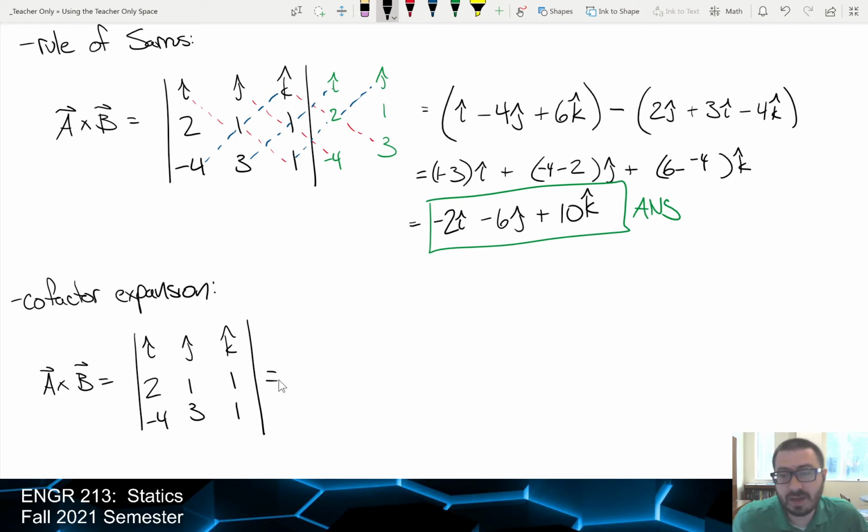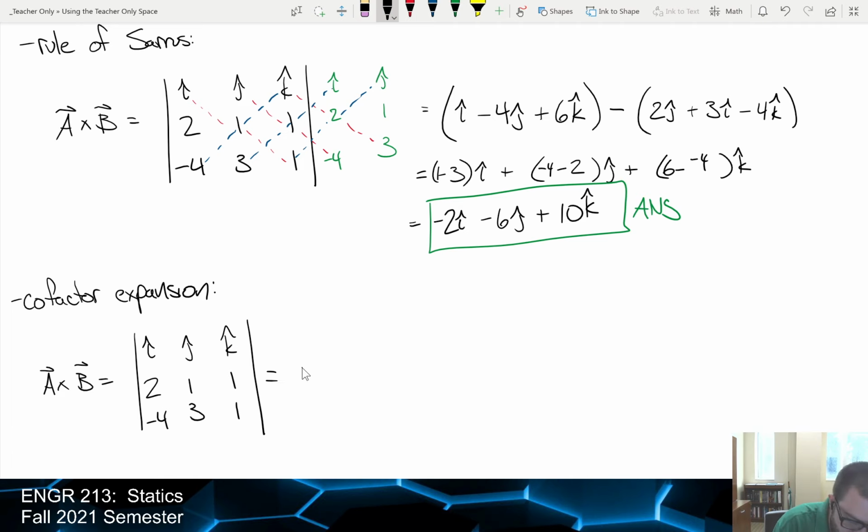The way cofactor expansion works, it's just another pattern, and you'll see why I like it in a bit. You usually expand along one of the rows or one of the columns. The row I'm going to expand upon is the top row, because I want a pile of junk times the first term plus a pile of junk times the second term. So I want the result to be ijk.